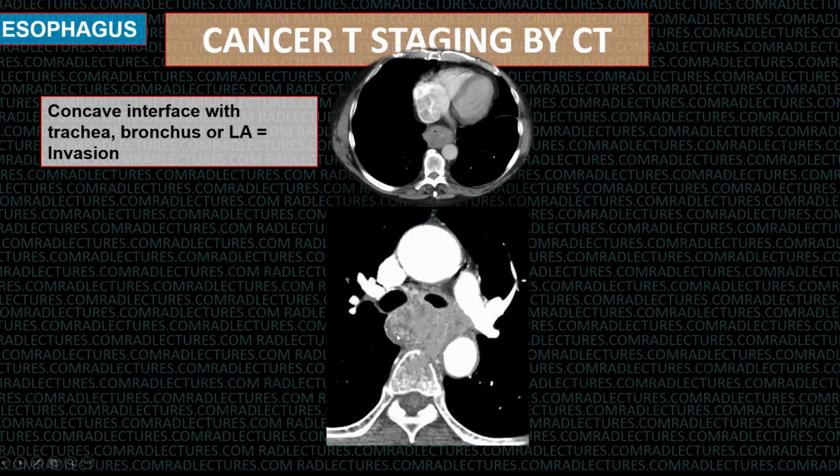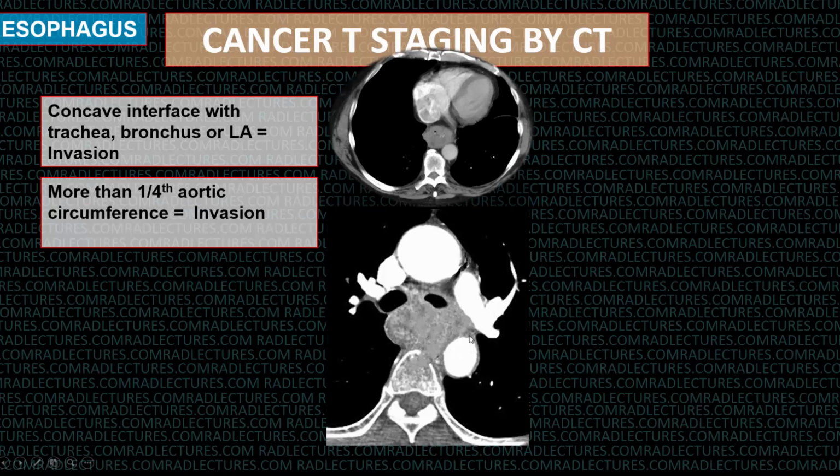So here is the tumor. There is concavity of the interface with the left mainstem bronchus. So that means that there is invasion of the bronchus. Similarly, concavity here means invasion of the pulmonary vein.